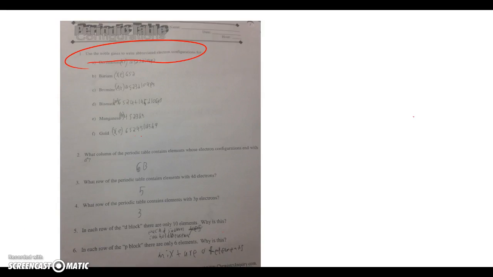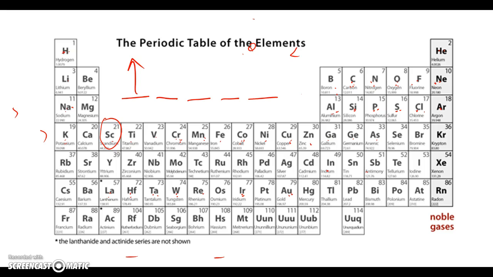Let's go back here. Let's look at selenium. To find selenium, it is right here. Now, it ends up in the 4 p's, right? In 4 p's, we have 3 suborbitals, so it should be 1, 2, 3, because he's got 4 electrons in the 4 p's.